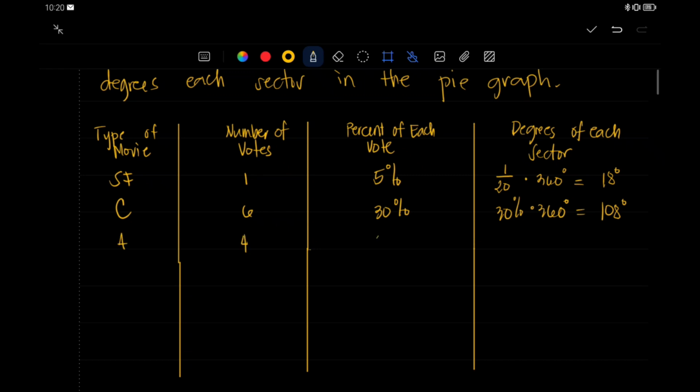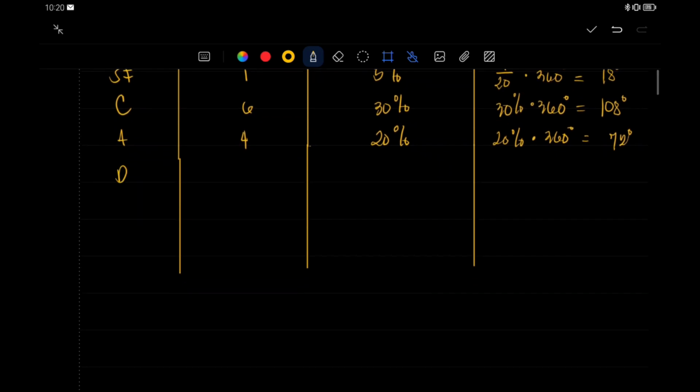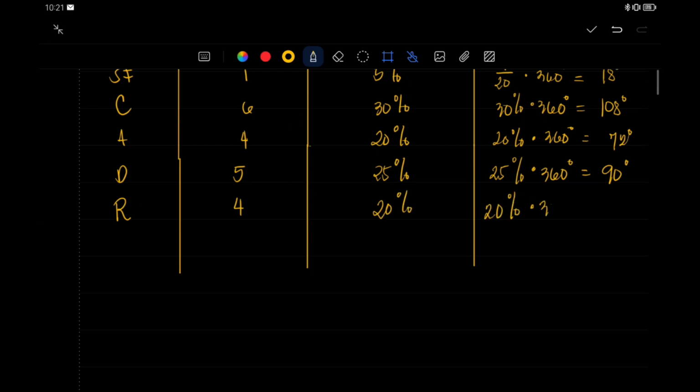Action has 4, which is 20%, times 360 degrees, equal to 72 degrees. The next one we have is drama. Drama has 5, which is 25%, and 25% times 360 degrees is equal to 90 degrees. Romance has 4, which is also 20%. 20% times 360 degrees is equal to 72 degrees.